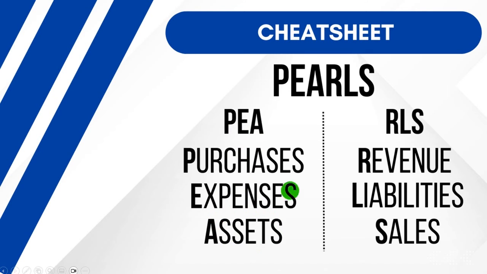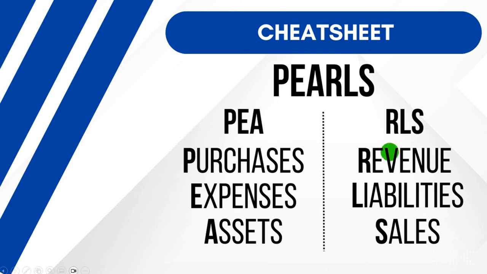So any transaction that is a purchase or an expense, or in other words, a cost or an overhead, will be a debit entry. Any assets that the business owns, and that is the key word for assets, something that the business owns, are also debit entries. So purchases, expenses, assets, these are your debit entries.